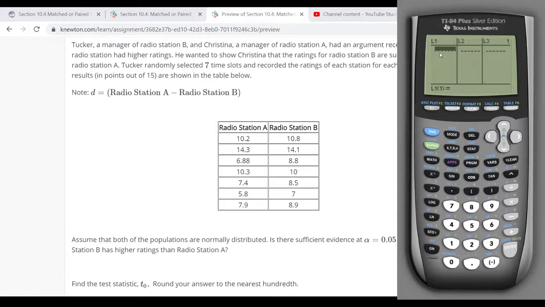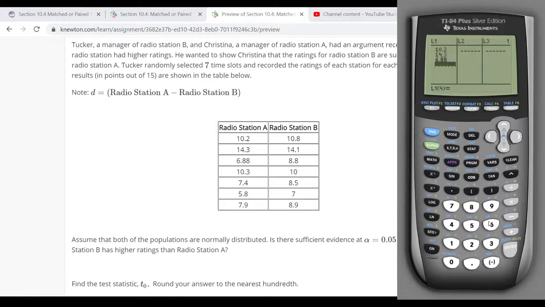And down list L1, I'm going to enter the ratings for those radio station A shows. So, 10.2, then 14.3, 6.88. Okay, and there are 7 of these.